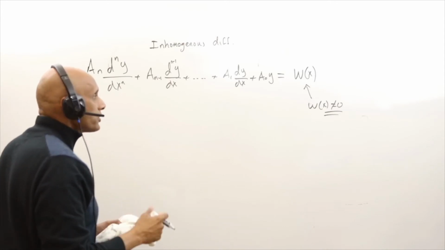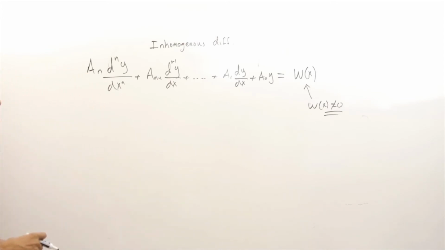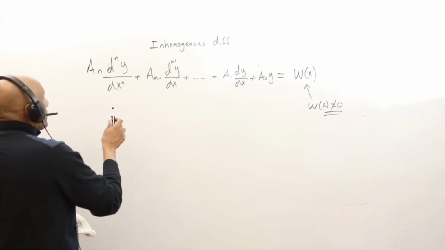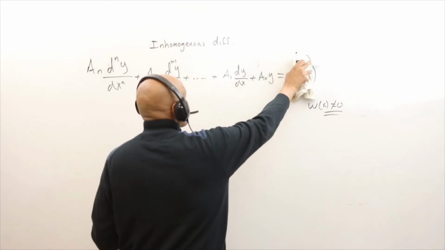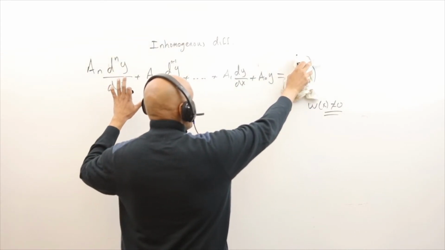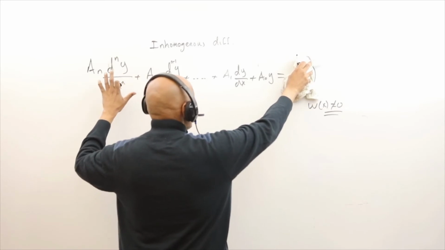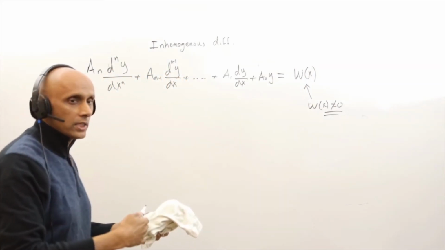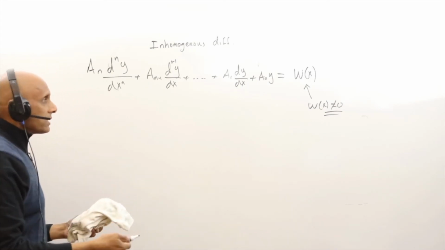So the general procedure for solving an inhomogeneous differential equation is this. If this was a homogeneous differential equation, the solution space forms a vector space, and we know the basis vectors coming from it. We construct it by substituting e to the kx, getting a characteristic equation, and writing the basis vectors.